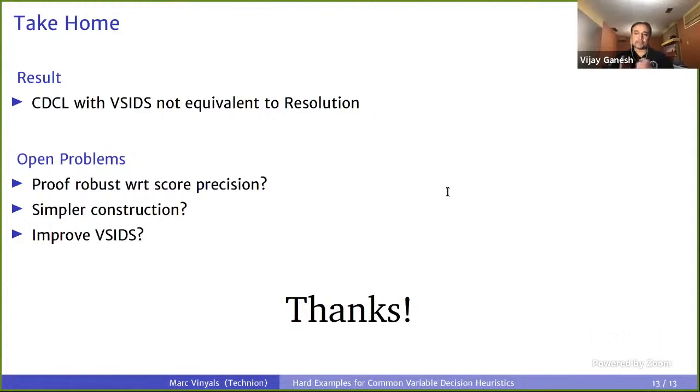And usually it's not a good idea to throw away the activity of the variables, but perhaps it may be a good idea to change the activity of the variables through some heuristic. And I think that heuristic where you refocus the activity could be tested against your class of instances to see whether it helps solve those instances more efficiently.